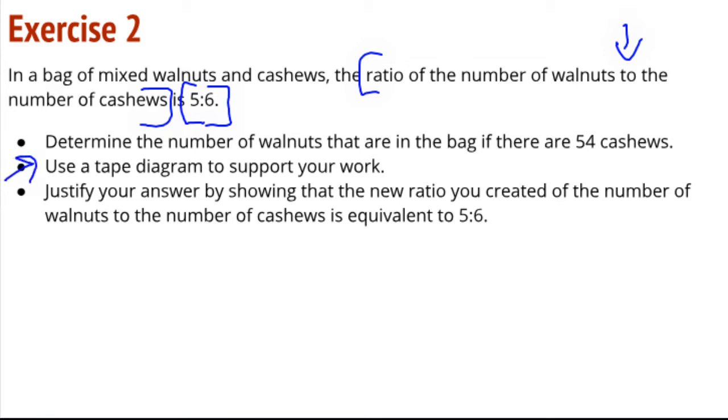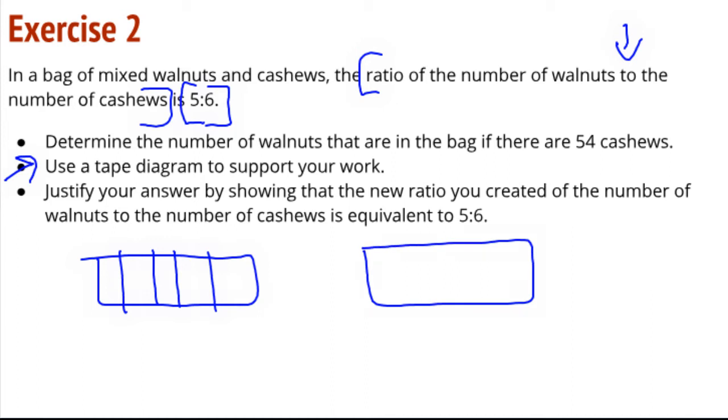Okay, so I know I've got a ratio of 5, 1, 2, 3, 4, and 6. And I've got walnuts here, and I've got cashews here.